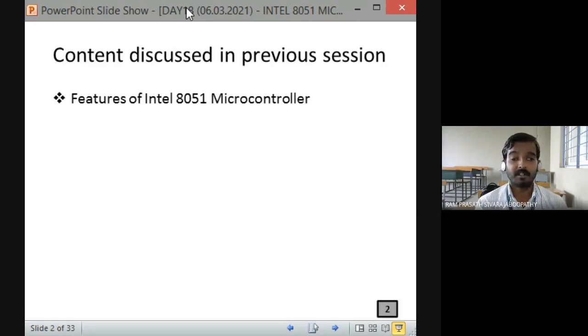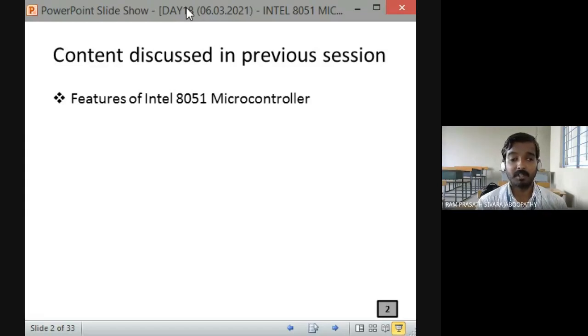Then, what about the size of on-chip ROM and RAM memory? Yes, very good, Dixon. 4 KB of ROM and 128 byte of RAM memory.